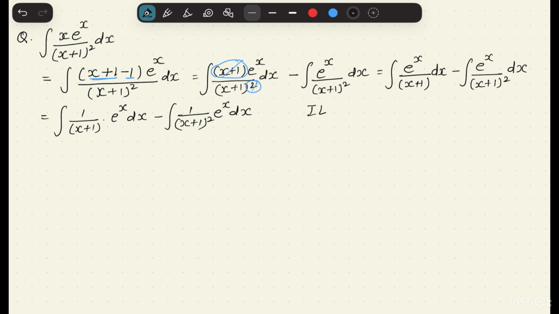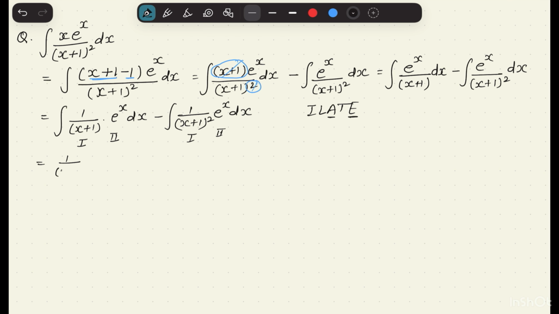For that we will check ILATE. So this 1 upon x plus 1 is again algebraic function, and e to the power x is exponential function. So this one will be first function and this one will be second function. Yes, in here also this is first and e to the power x is second function. Now we will apply the formula.